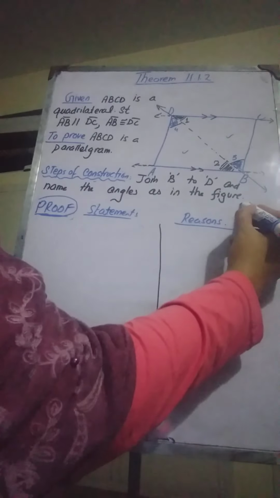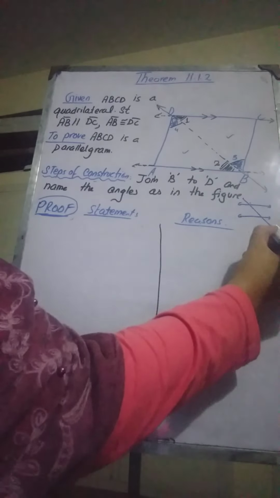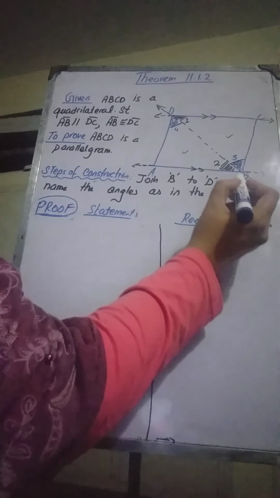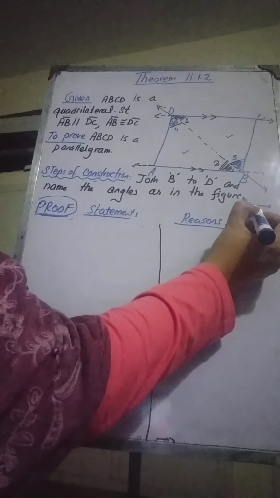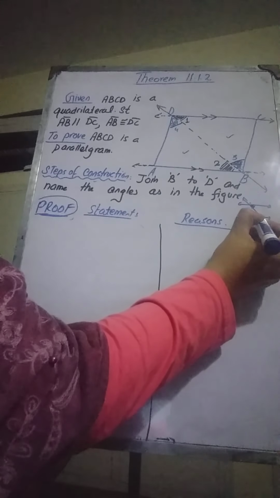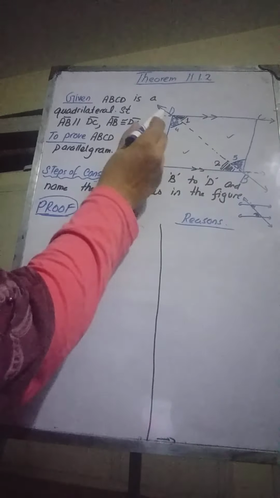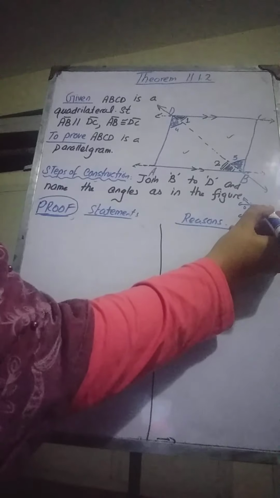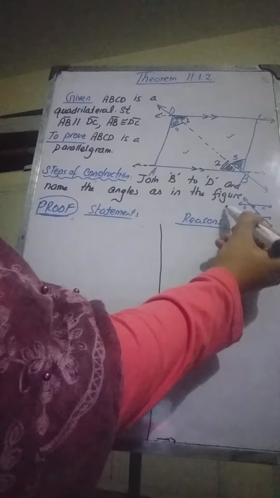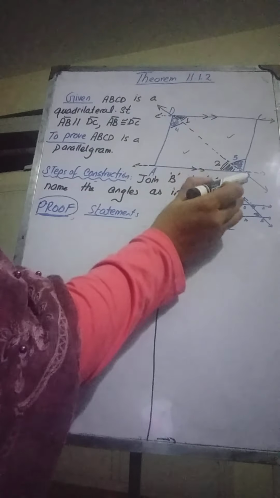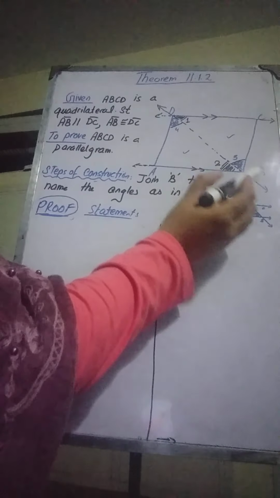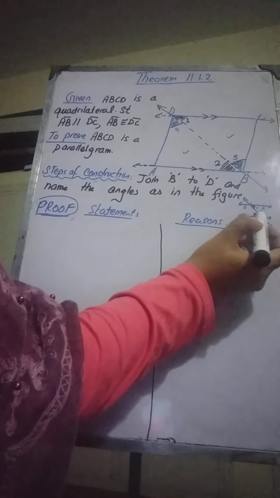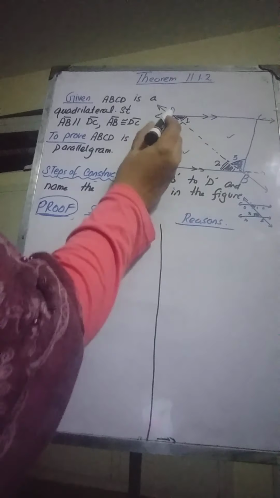AB and DC are parallel lines, it is given to us, and there is a transversal BD which is cutting these two, such that angle 1 is formed over here and angle 2 is formed over here between AB and BD, okay.